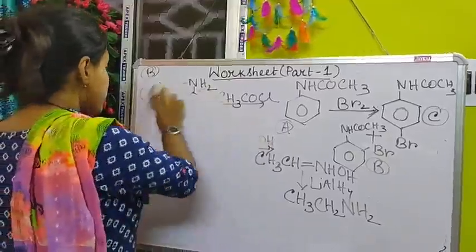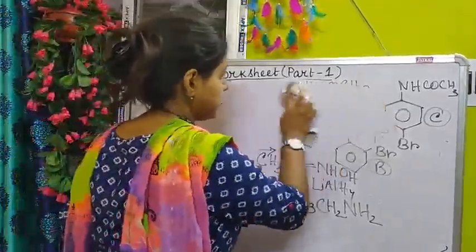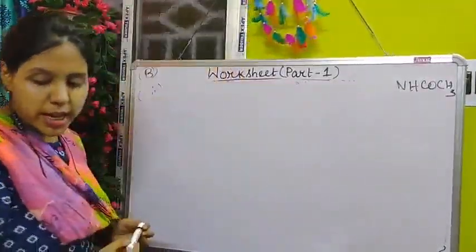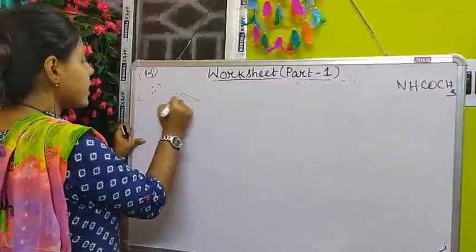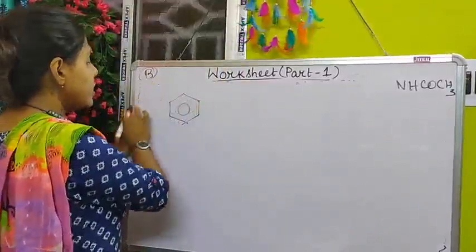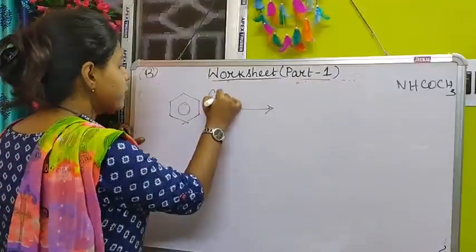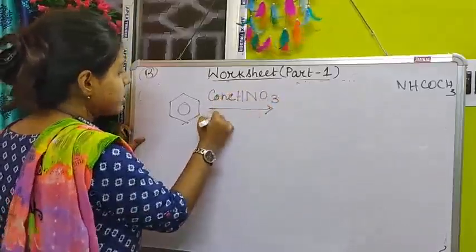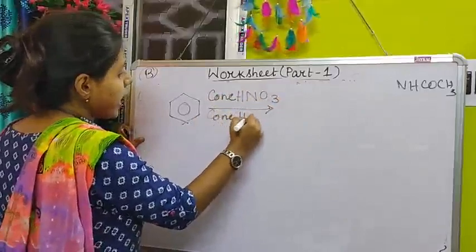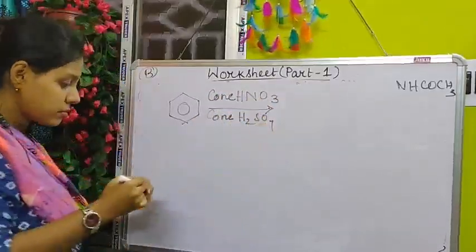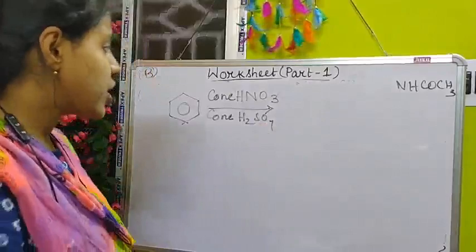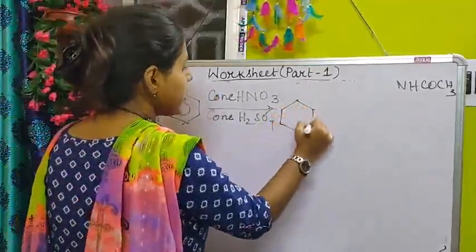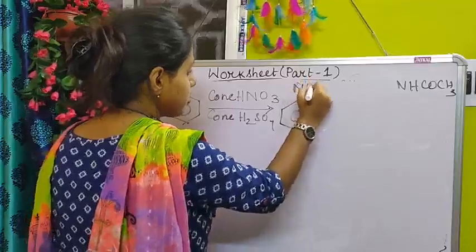Okay, now the last reaction. First I have given a benzene ring, and then a mixture of concentrated nitric acid and concentrated H2SO4 is taken here. That means the nitration mixture, or mixed acid, has been added. So that will cause nitration in the benzene ring.